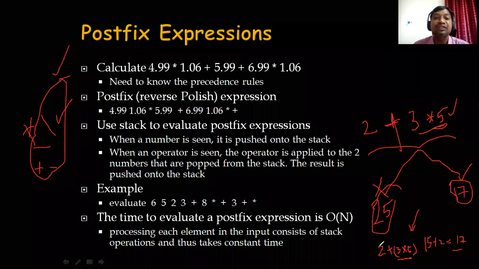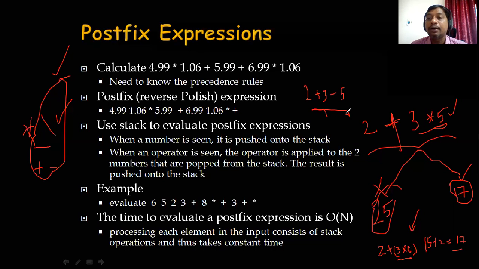One more problem with the infix expression is, suppose, let us consider 2 plus 3 minus 5. Here if you observe, the expression involves two different operators, but these two operators have the same precedence, equal precedence operators.